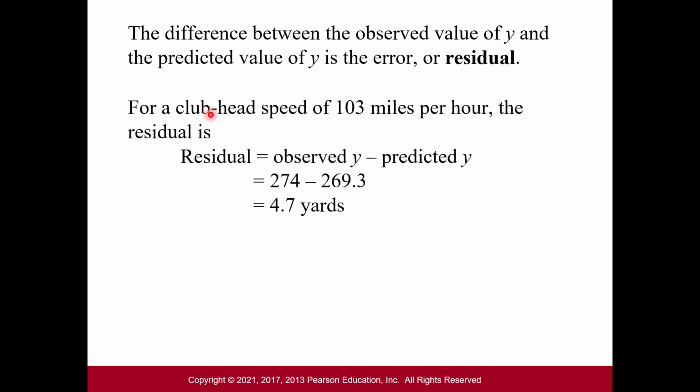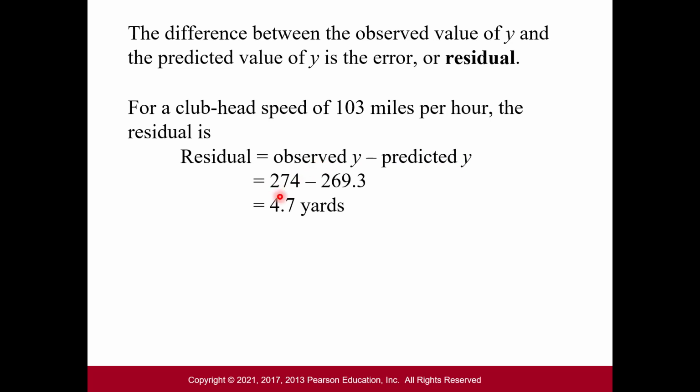Okay, so for the club head speed of 103 miles per hour, we actually had data on that. It had an actual observed value of 274 for the distance. If you plug this number into our equation, that's where the 269.3 comes from. So how you find the residual or error is you take your observed value and subtract the predicted value.